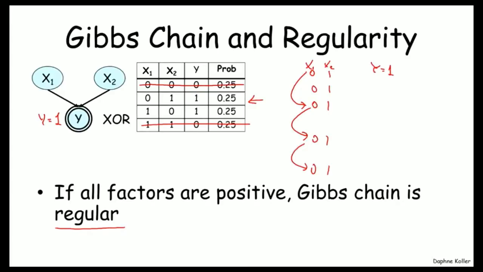So now the chain is regular because all possibilities have non-zero probability, and it's still going to mix extremely slowly for small values of epsilon. So regularity, remember, is a very weak condition. It says if you sample long enough, we will eventually converge, but it doesn't mean it'll happen in a reasonable time frame.